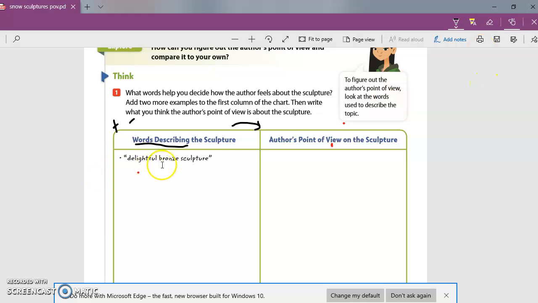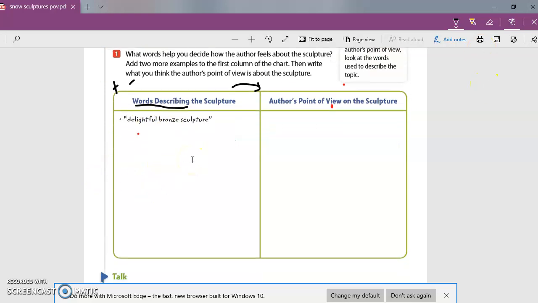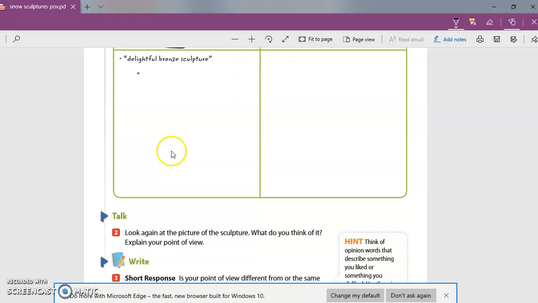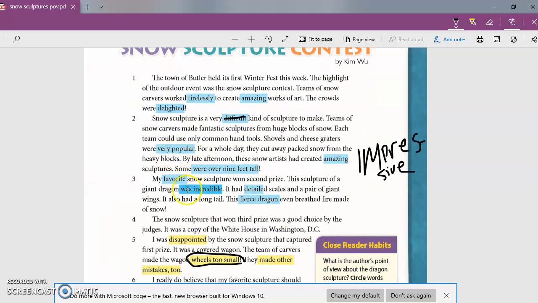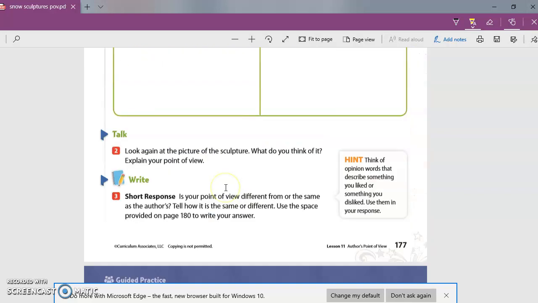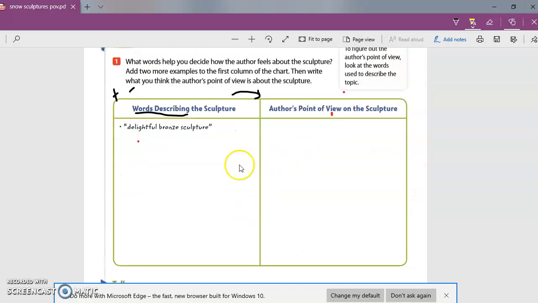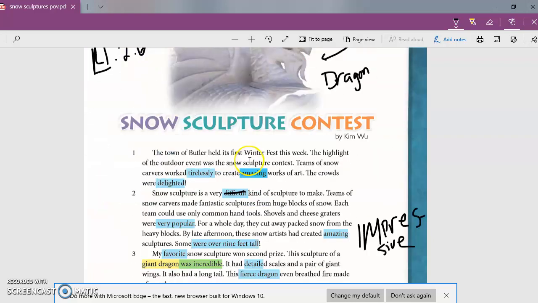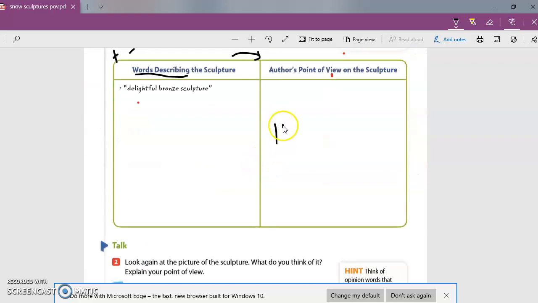So what are some of the describing words for the sculpture? So first, let's see that this one over here, the dragon, was incredible. It had detailed scales and a giant pair of wings. So we know that the giant pair of wings that were detailed, the author's point of view of the dragon was, and let's go back to it, incredible.